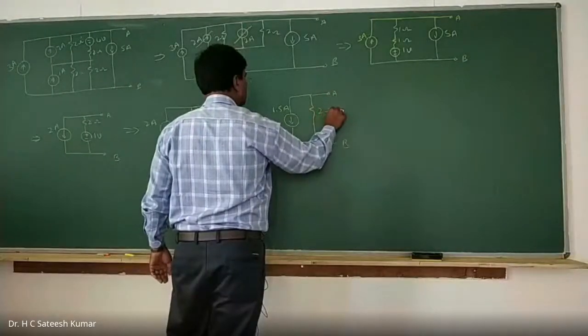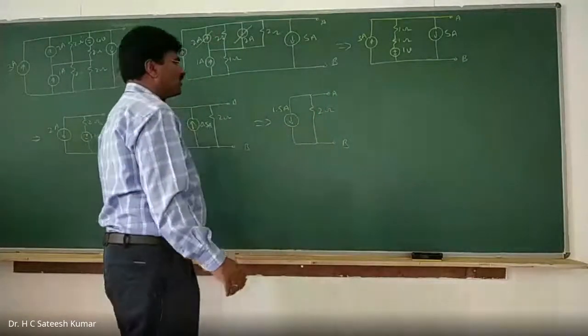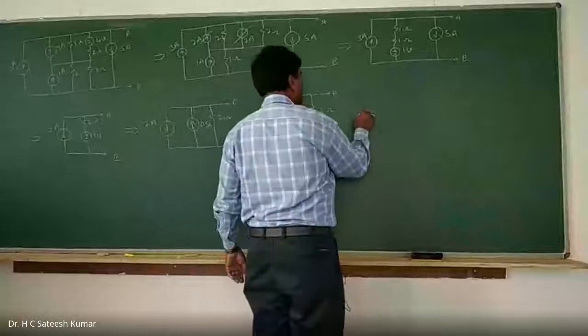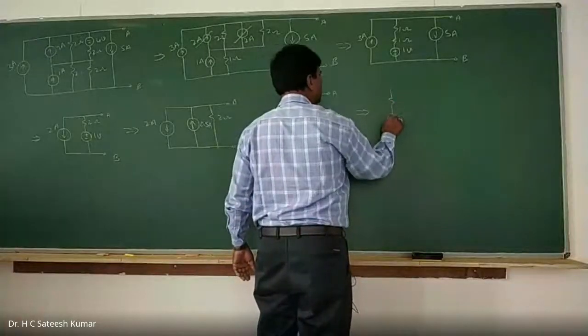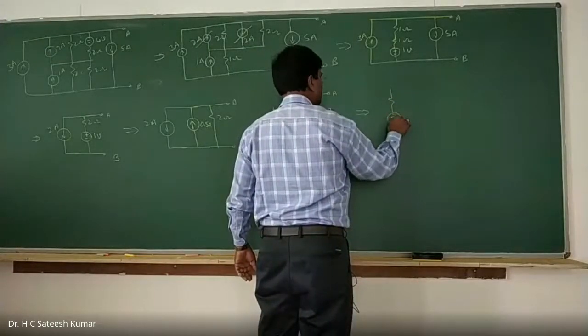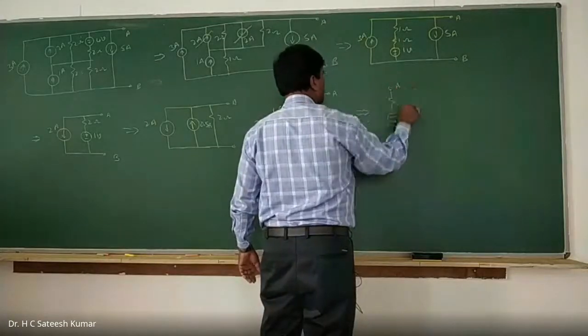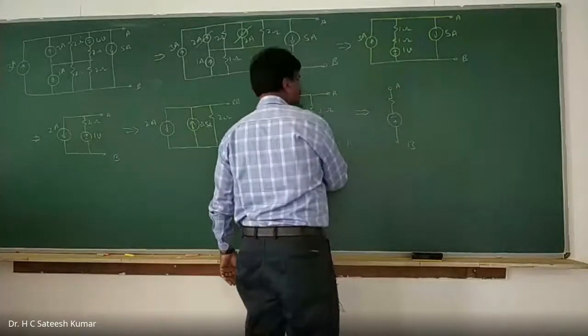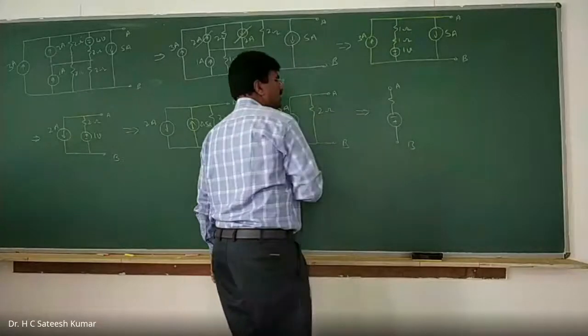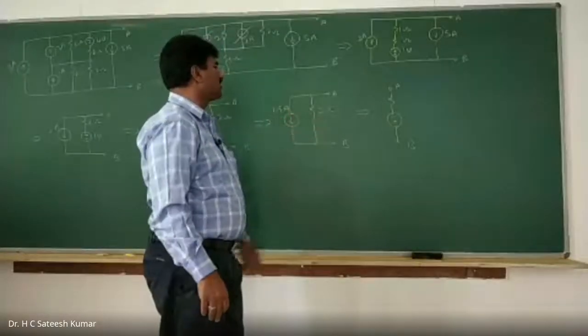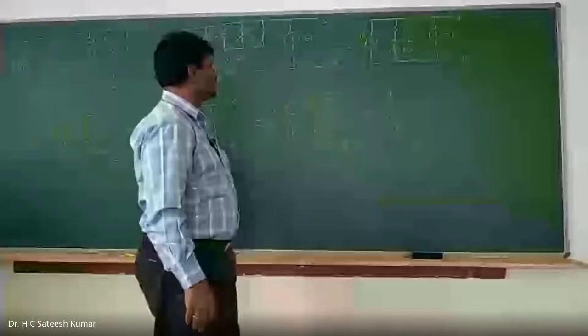2 ohm. And now what we have is a voltage source in series with a resistance. A, B, polarity downwards, V is equal to, because a current source in parallel with the resistance can be converted into a voltage source in series with the resistance.